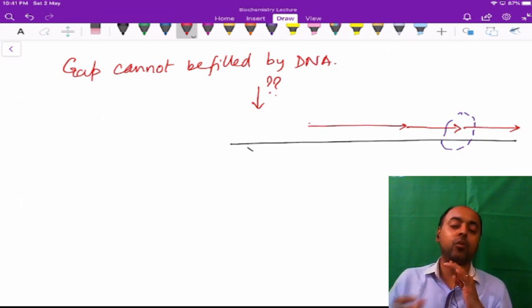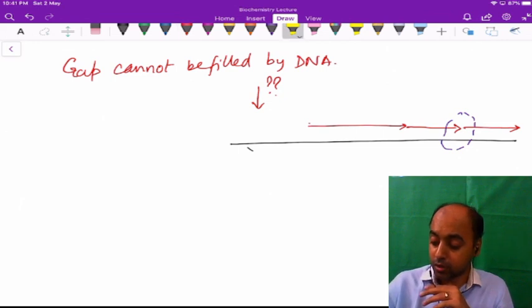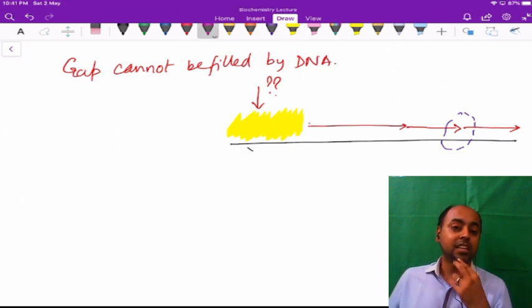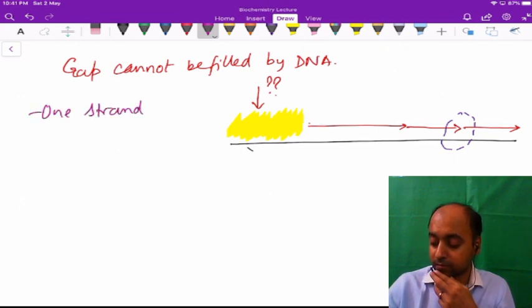It must be added upon pre-existing nucleic acid, which is normally the primer, and there is no other nucleic acid beyond the end of the DNA. So this part will remain empty, and this is why we had mentioned right in the beginning of the DNA that one strand is smaller than the second strand.